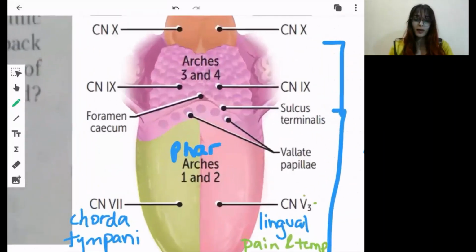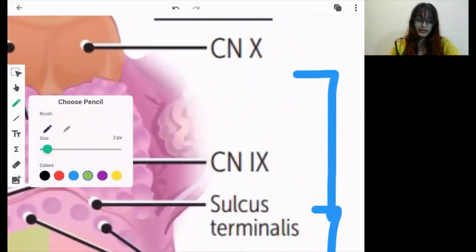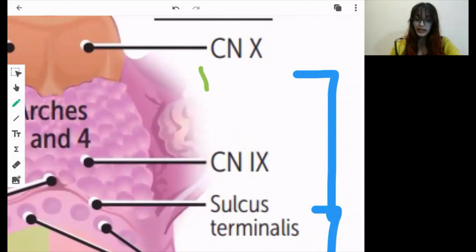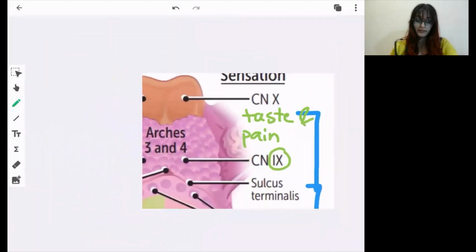Now, if you go back to the posterior 1/3, the posterior 1/3 is developed from pharyngeal arches number 3 and 4. But here both the taste and the pain and other sensations are by cranial nerve number 9, that is the glossopharyngeal nerve.